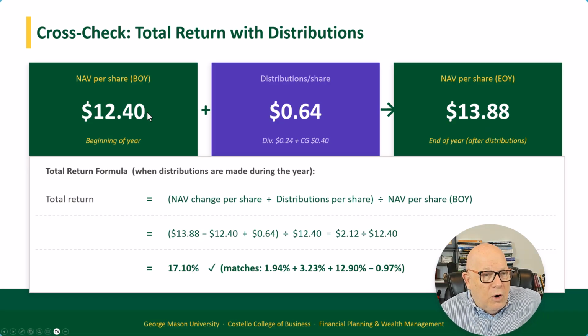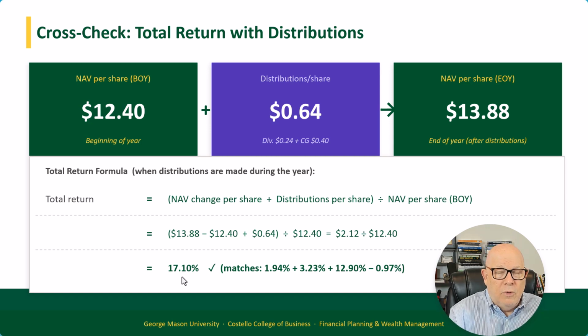So if we calculate our total return, having an ending value of 13.88 minus the beginning value of 12.40, so we had a gain there, we add the distributions of 64 cents, and we divide all of that by the beginning value, then we're going to find out that we had overall exactly a 17.1% return. So it matches looking at it on an individual basis.